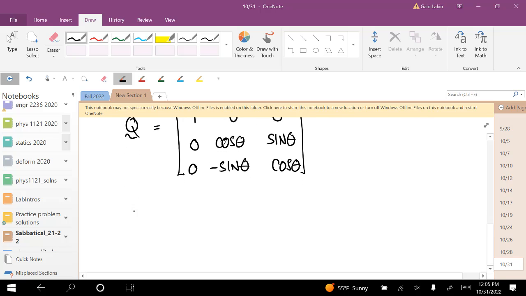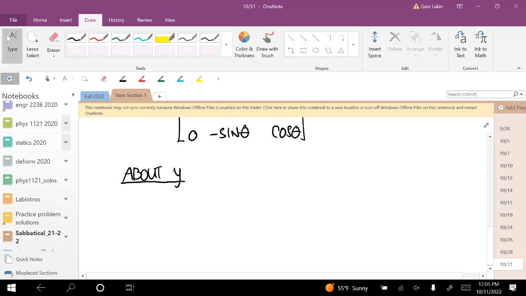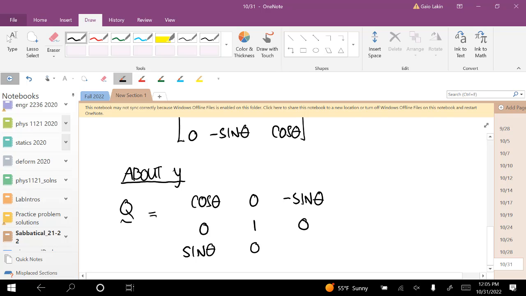So now for rotations about the y-axis, this is cosine theta, 0, negative sine theta, 0, 1, 0, sine theta, 0, cosine theta.